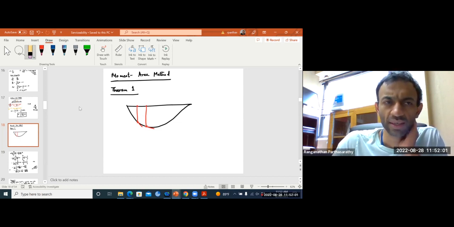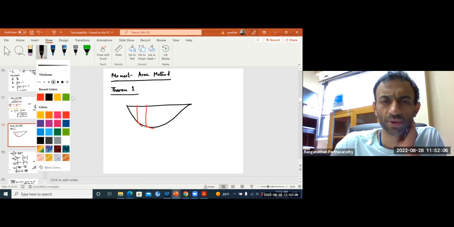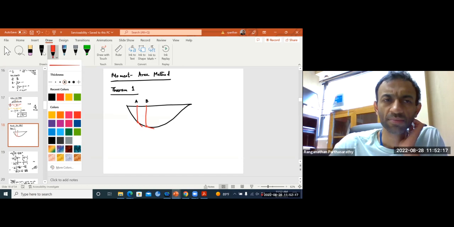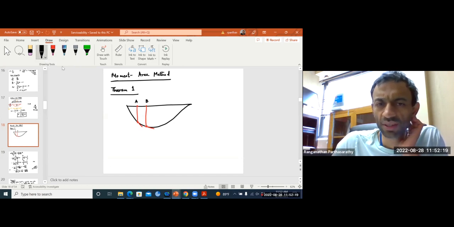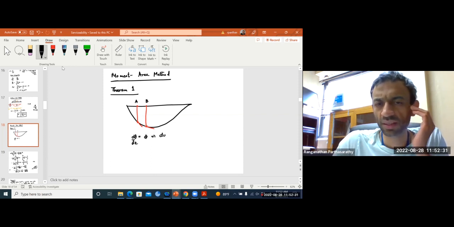Just now we said curvature is nothing but, so this is point A, this is point B. I want to know what is the change in angle. That is, if I draw a tangent at point A, another tangent at point B, then what is the difference in their slopes, okay? So we said already that d theta by dx is the curvature, which means d theta by dx is M by EI.